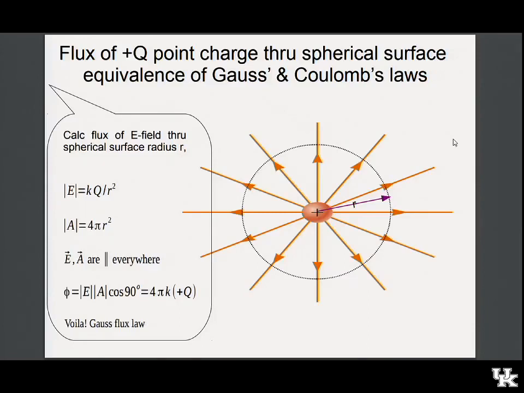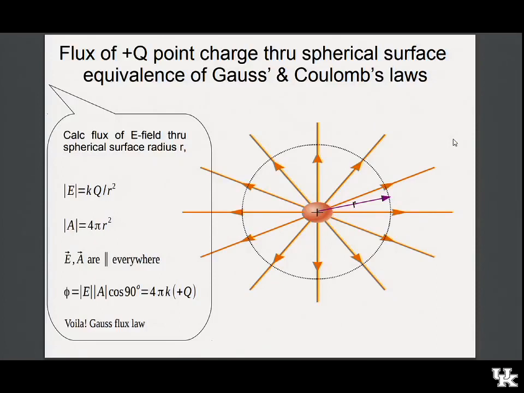Electrical field strength. Well, it's just a point charge. The surface is a distance r from the point charge. And so the electrical field is just k times q divided by r squared. That's the field of a point charge at a distance r from the point charge in terms of the charge q. So hopefully that's straightforward. That's last class.